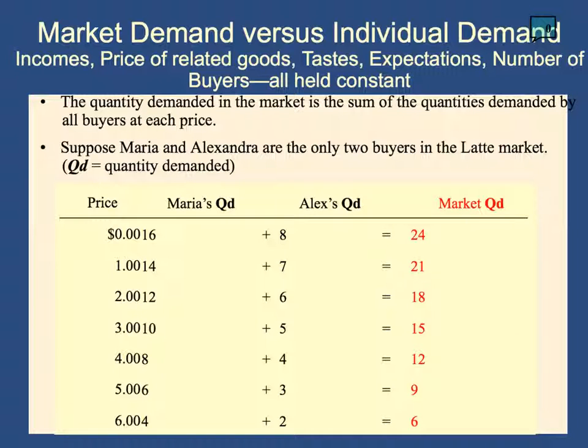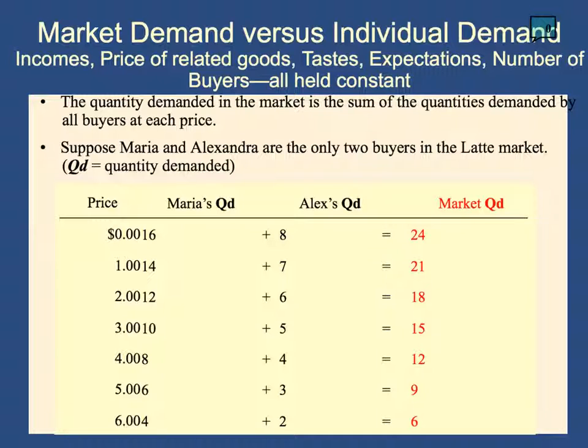And when we add the quantity that each individual is going to demand at that price, we get the market quantity demanded. For example, when the price is 0, the market is going to demand 24 units. When the price is 5, the market is going to demand 9 units.